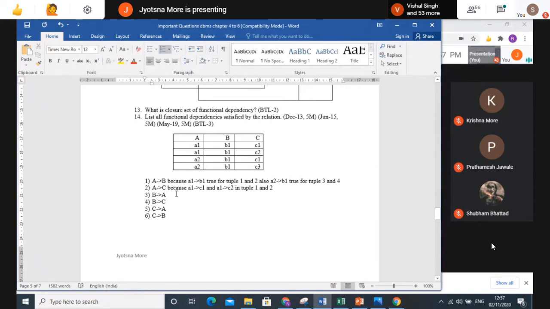So you have to write: it does not exist, because B1 determines A1 in tuples 1 and 2, whereas B1 determines A2 in tuples 3 and 4.